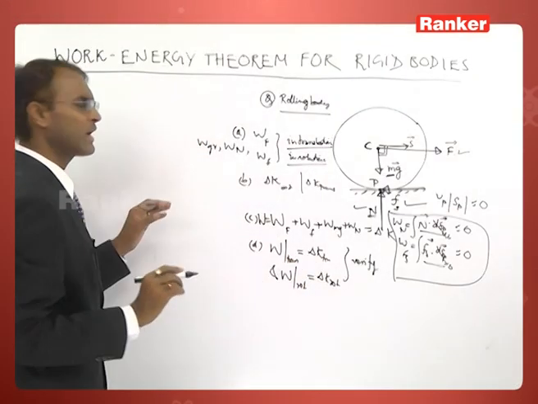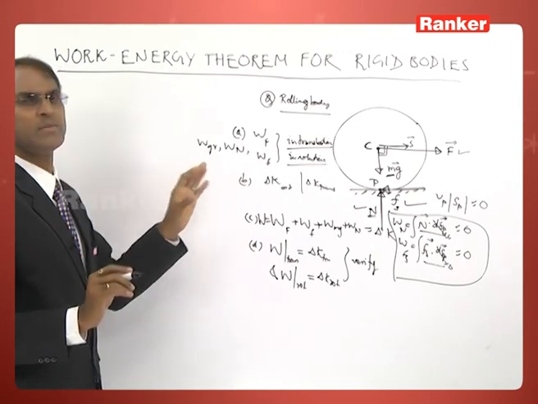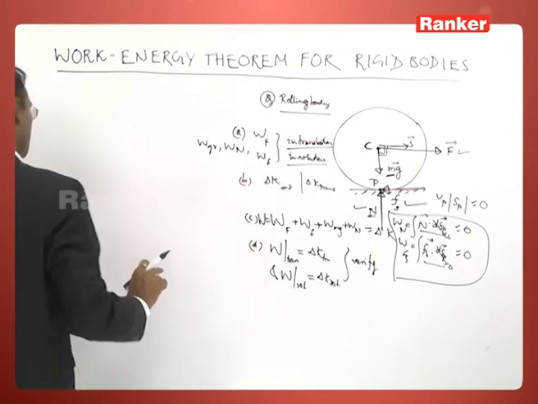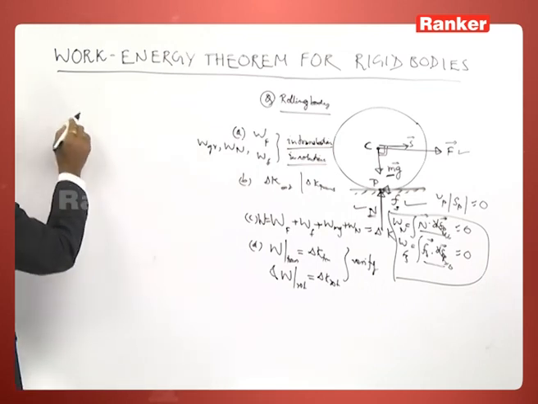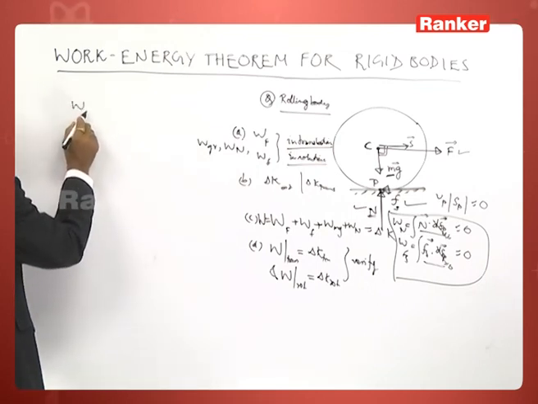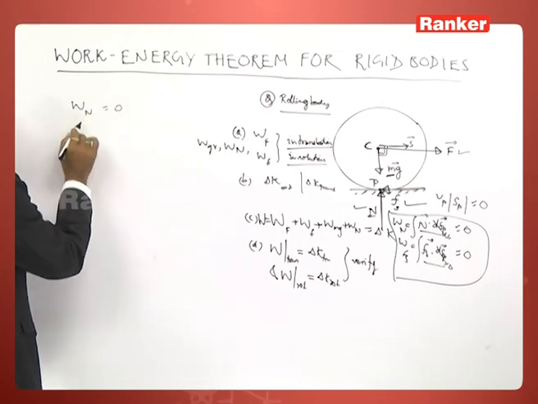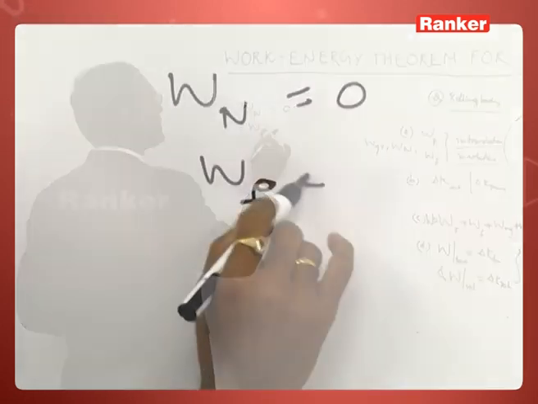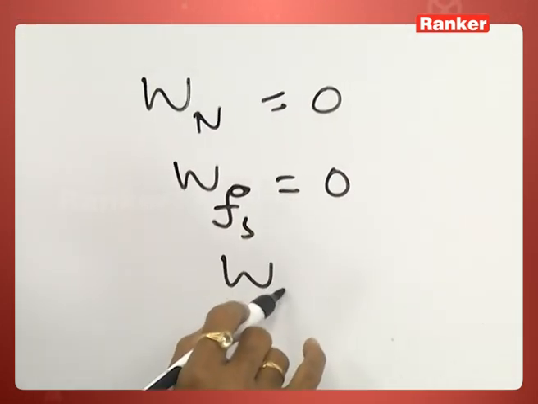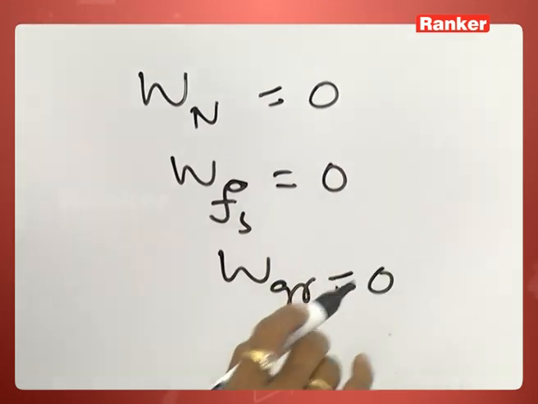So let us calculate the work done by each force individually. Work done by normal reaction 0, work done by static force of friction 0, work done by gravity also is 0.